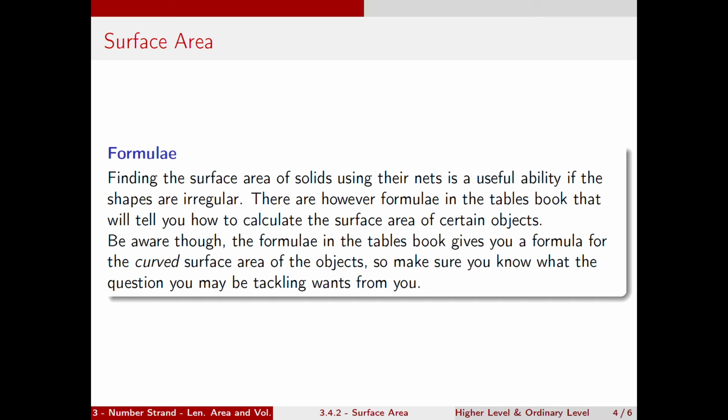So just be aware that if you're answering a question that asks you to find the surface area, make sure you know whether you need the total surface area, like we found with the cone, which included the base, the circle at the bottom, or do you just need the curved surface area, which in our case above would have been 4 pi centimeters squared, or just the area of the curved part of the cone, not including the circle.